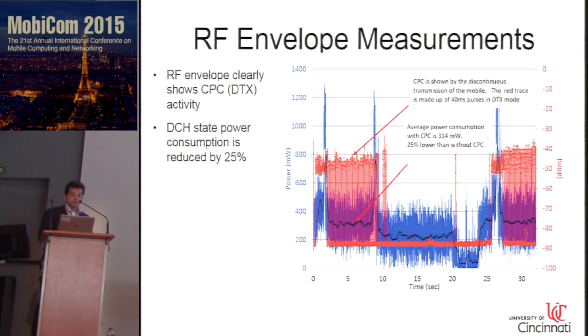It is also clearly visible that the DTX cycle begins immediately after the user data is transmitted. The state promotion delay, user data transmission, and DCH tail are all unambiguously identified by the RF envelope measurements. And from these measurements, we see that DCH power consumption drops to 314 milliwatts, or a 25% reduction.